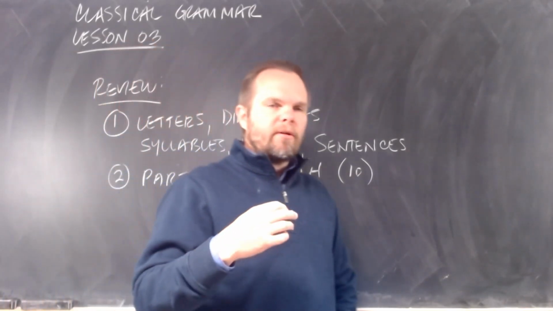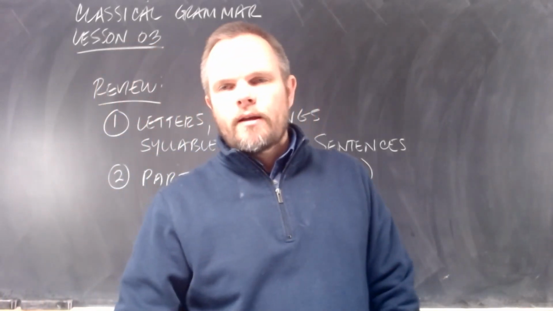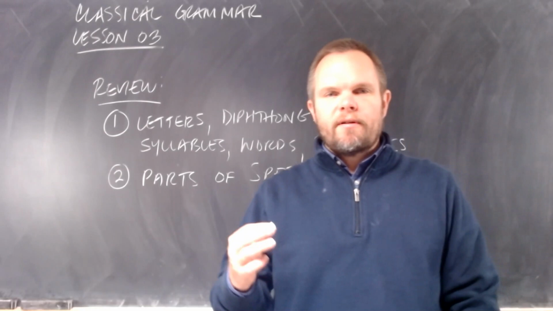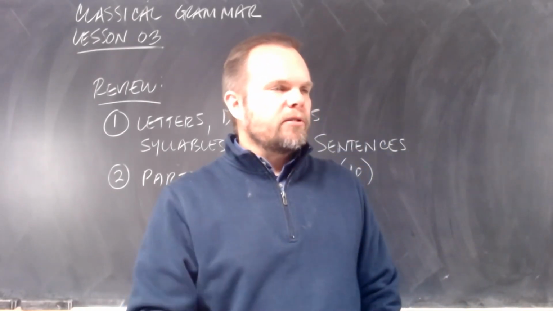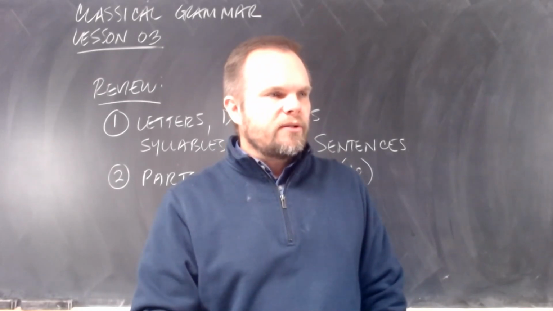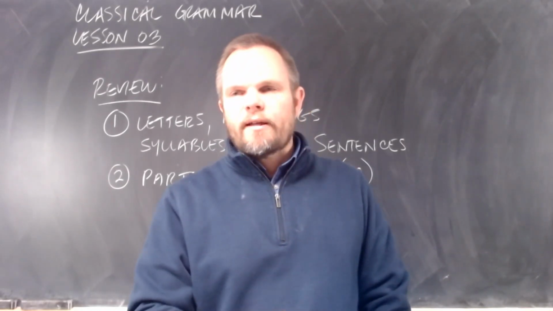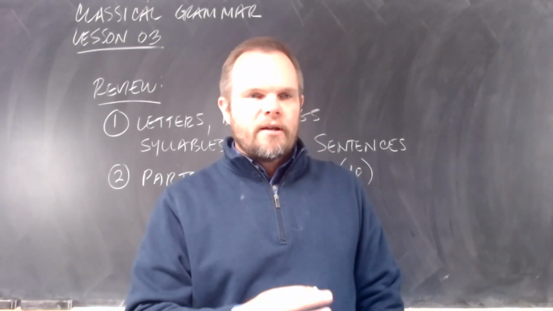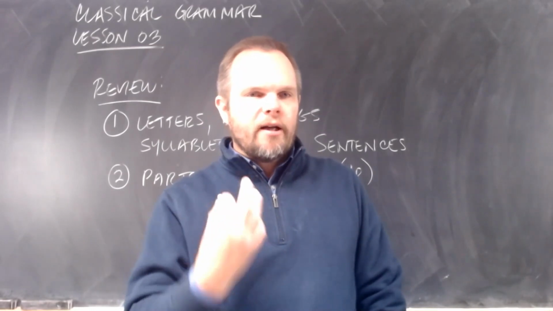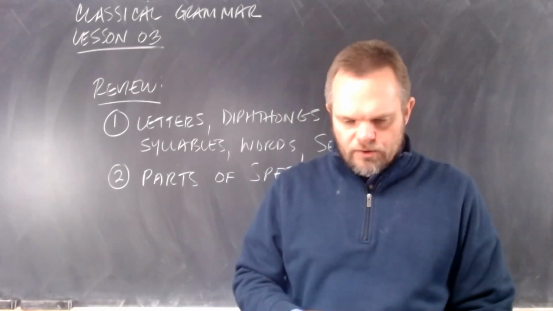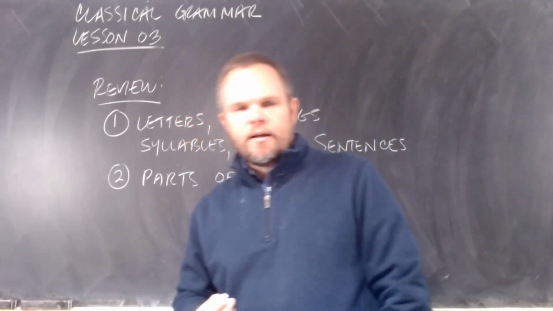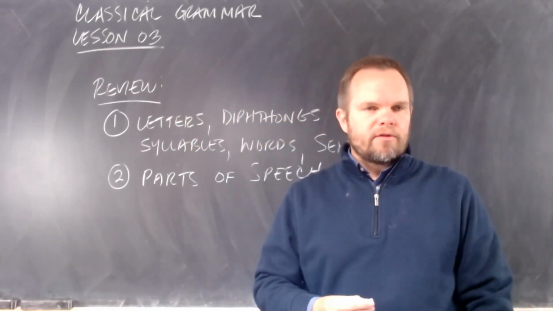And so what we're going to do is study the characteristics of the classes of words. And when we know the characteristics of the classes of the words, then we'll know important things about all of the words in those classes. And it will help us to speak rightly. So in lesson 2, we studied the 10 parts of speech.